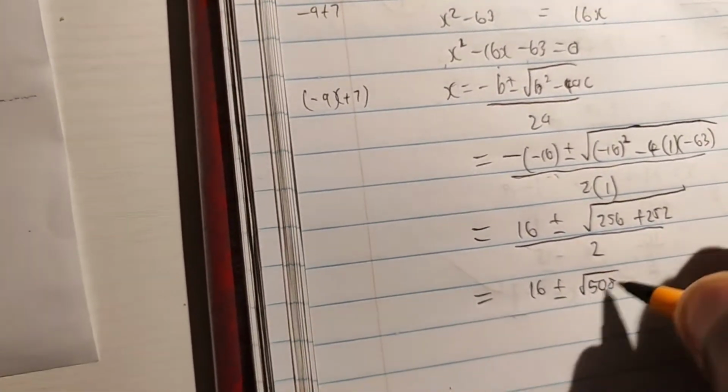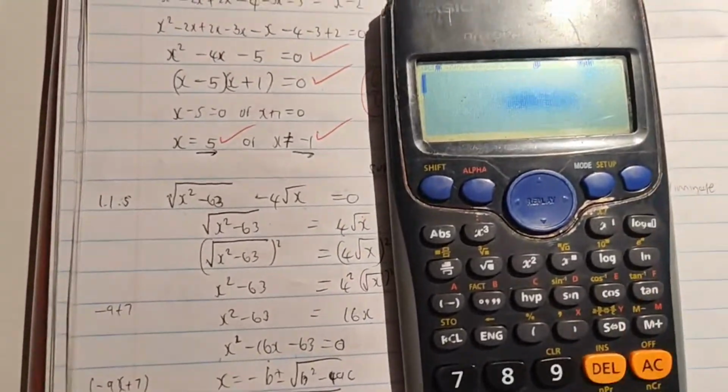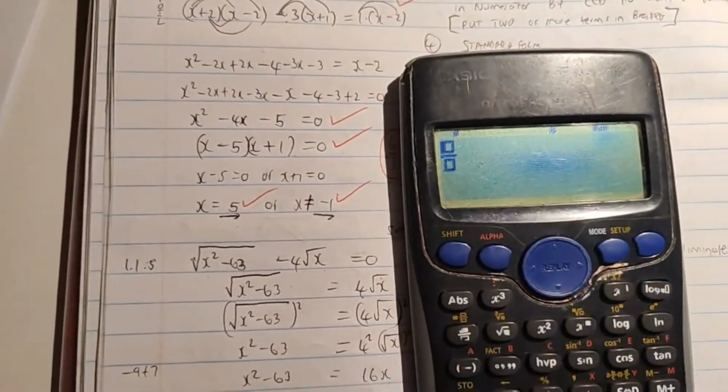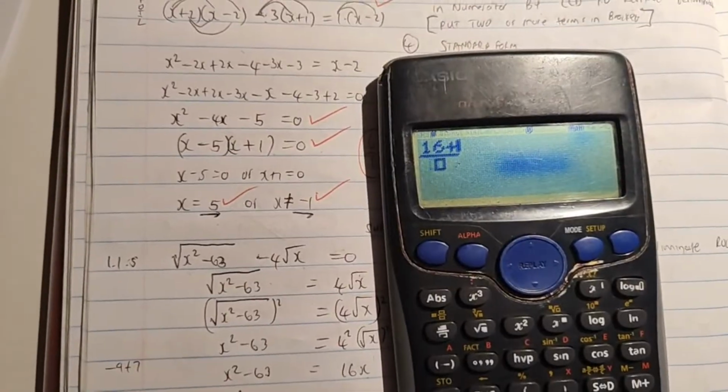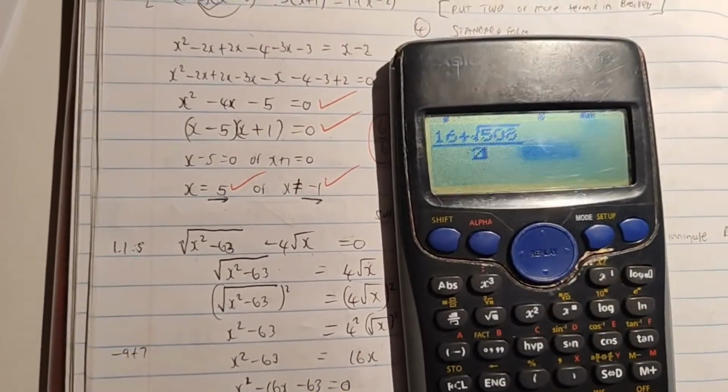So 16 plus minus the square root of 508 over 2. I'm going to take all of this and not waste time anymore, and get the answers that I need.